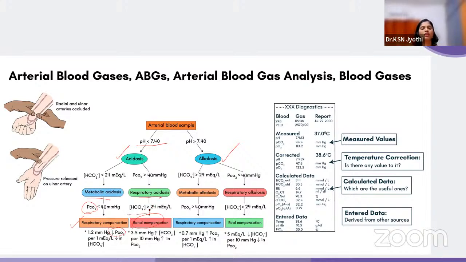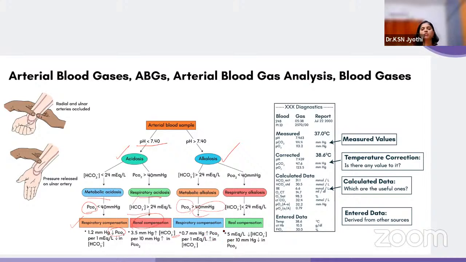Now if it is acidosis, we said the pH will decrease. That is because of the increased concentrations of bicarbonate ions. So there is a compensation where the bicarbonate ion concentrations are increased. In metabolic alkalosis, you will see the partial pressure of carbon dioxide is decreased, less than 40 mmHg.